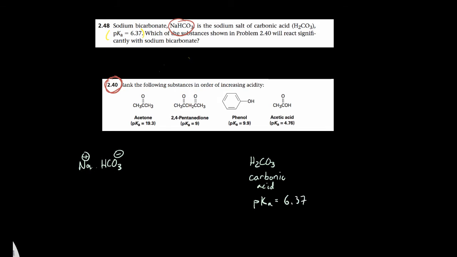So the question is, if we add this as the conjugate base, the base, to any one of these in 2.40, will we get a significant reaction? So does the equilibrium lie to the left or to the right?